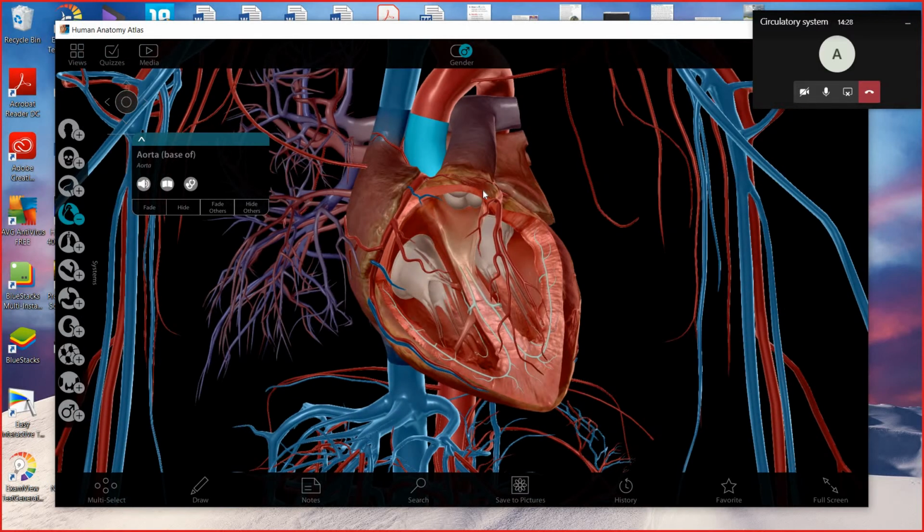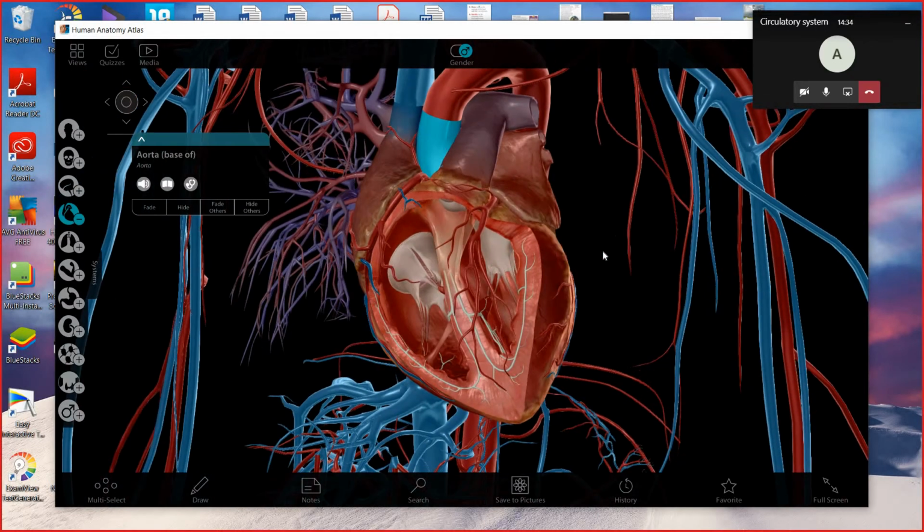If you see this picture, you can find that the blood vessels, where the blood moves, have two colors, maybe blue and red. What is the difference?